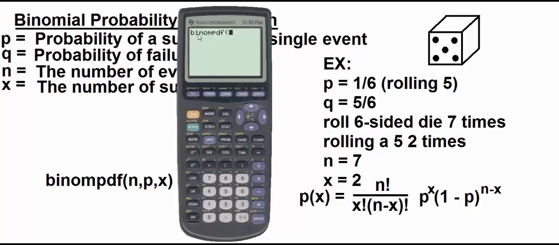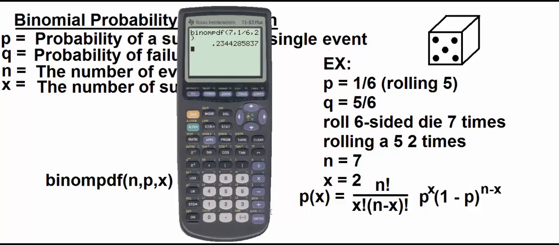So what you need to enter in, binomial PDF, 7, 1/6, probability of a success in a single event. So you have 7 events.